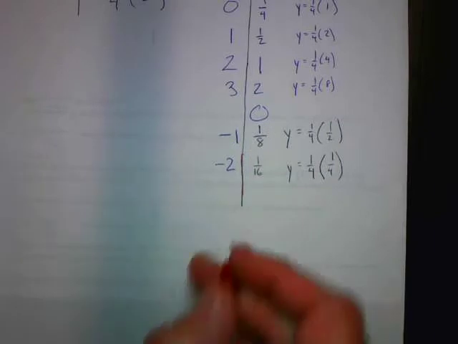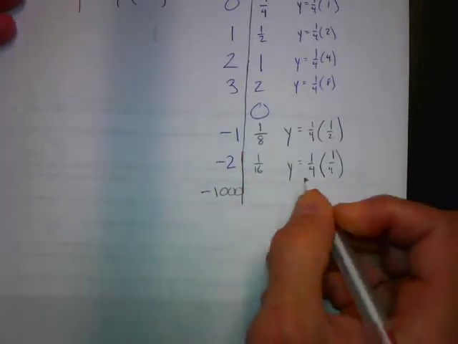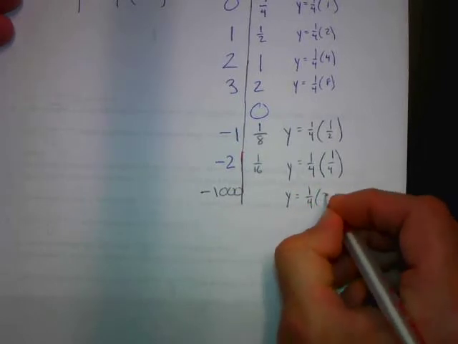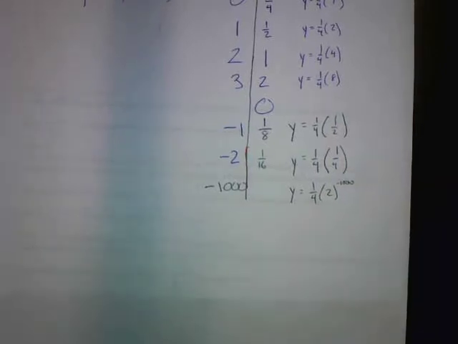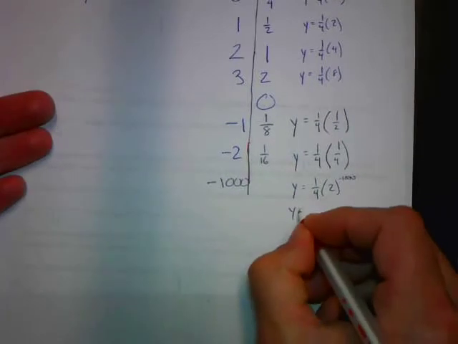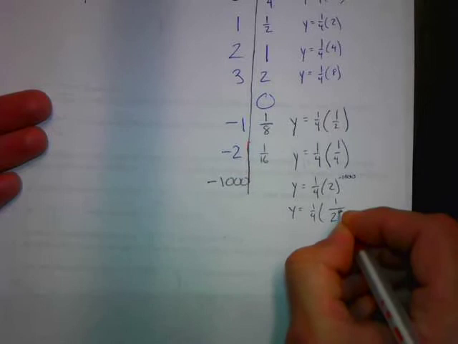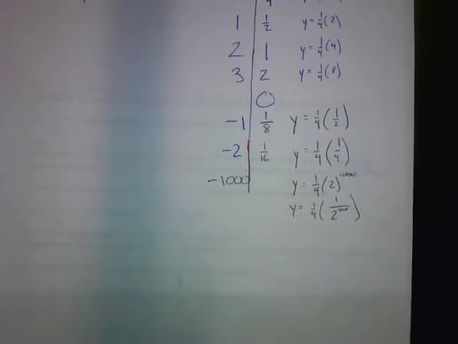So let's pretend. What if x was negative 1,000? Then we would have y equals 1/4 times 2 to the negative 1,000. Would that make it a negative number? Does it cross 0 ever? That would be 1/2 to the 1,000th, and that's not going to give me a negative number.